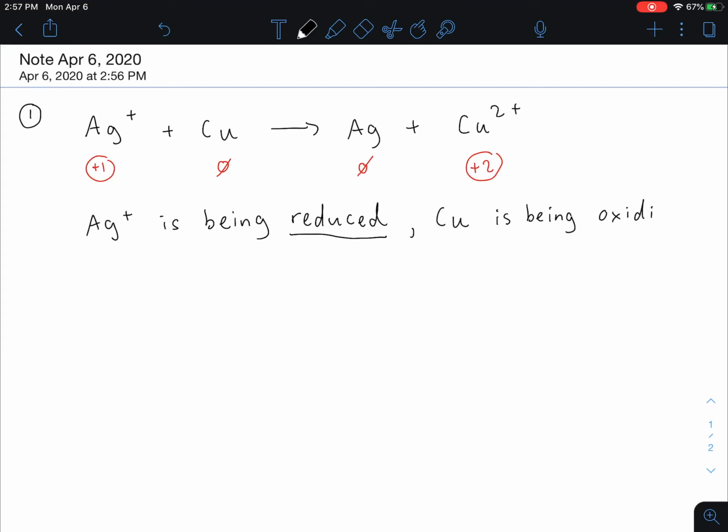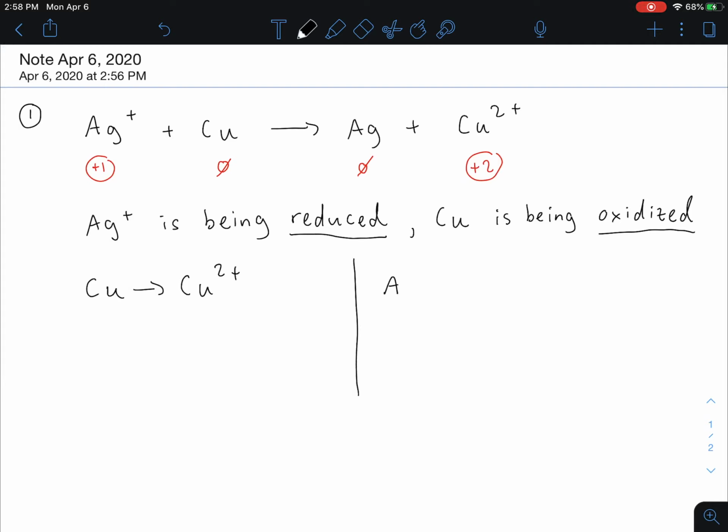And this doesn't change things all that much in terms of my balancing approach, but it helps us figure out what's going on. And it's got to be true that if one thing is being reduced, the other one's being oxidized, so that makes sense. So now I'm going to break it up into two half reactions. So on one side, I'll write Cu makes Cu2+.